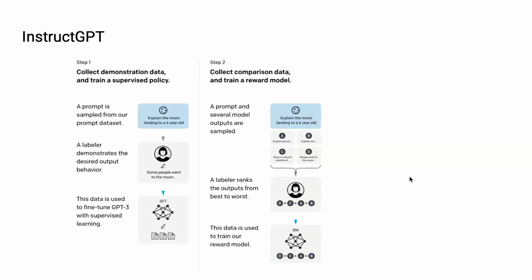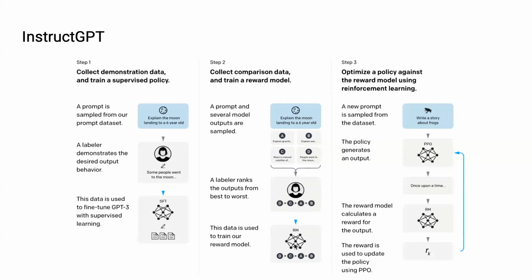This reward model tries to predict the exact ranking of the model outputs. Once it is complete, we have an evaluation system for the LLM outputs. We know which output is more preferred by humans, with a scalar score. The third step is to optimize the policy against the reward using reinforcement learning. Step 3 does not require any labelers.